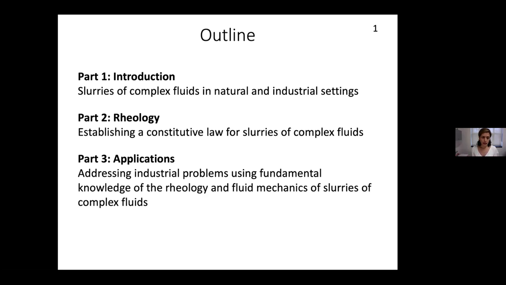Then I'm going to talk about how we can establish scaling laws for them. And finally, if time allows, I'm going to talk about a couple of industrial problems and show how we can use our understanding in rheology and fluid mechanics to address these problems.